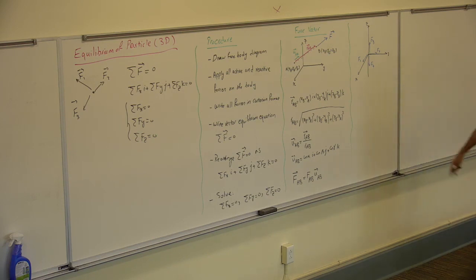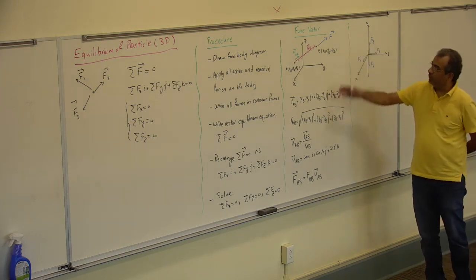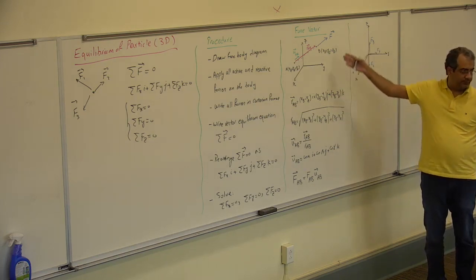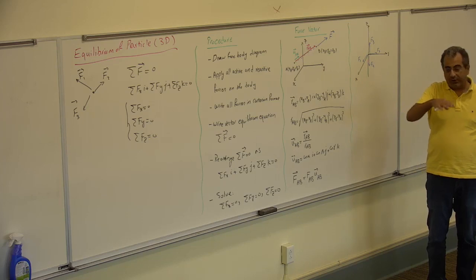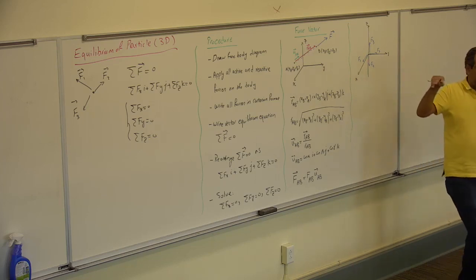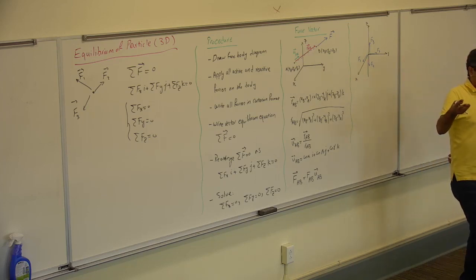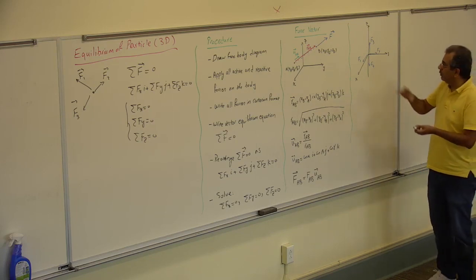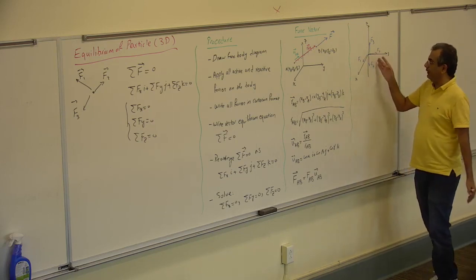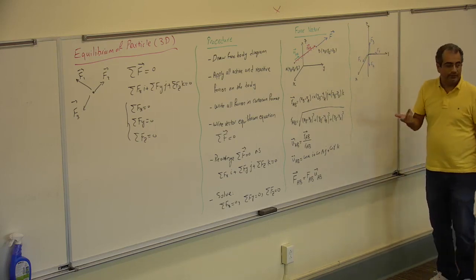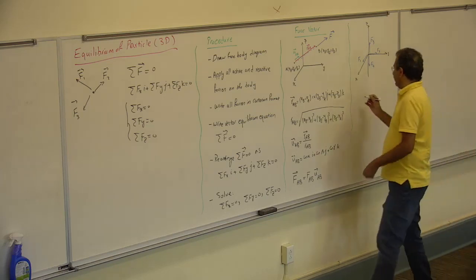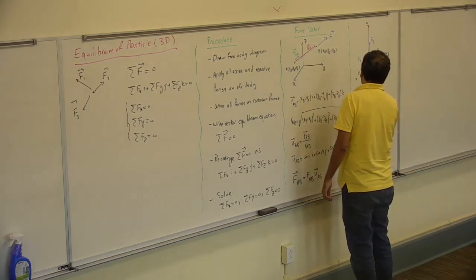So look here, this is the general form for any force. But if the forces are along the axis, it's usually easier because we already know the unit vector along x, y, and z.